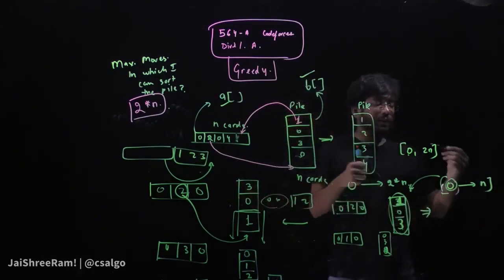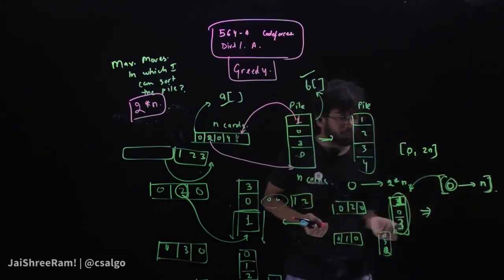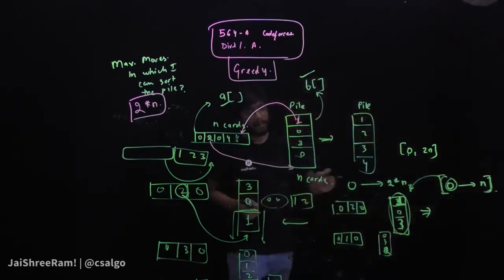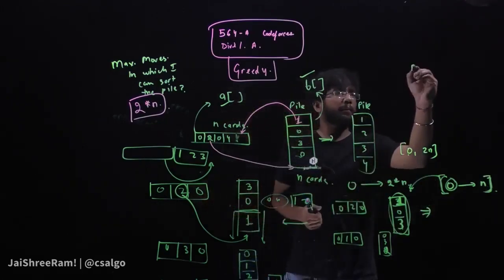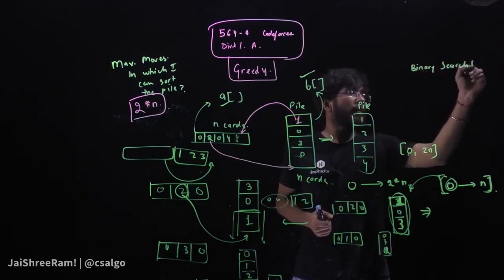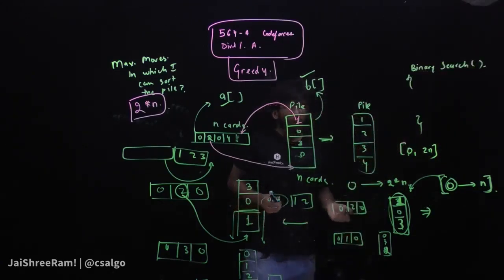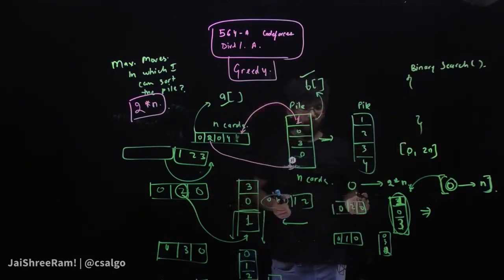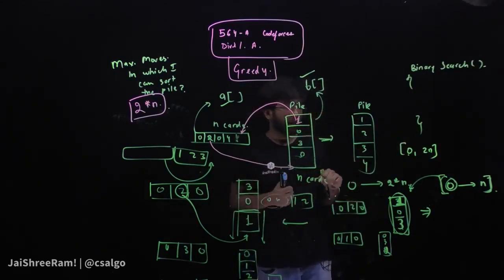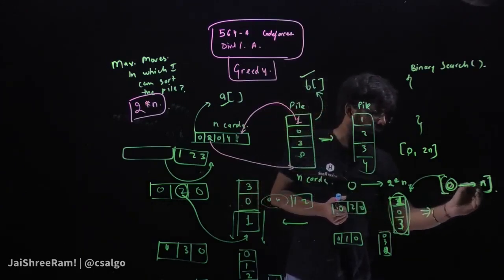So once I have done this, now the solution to this problem is very simple. For each binary search, I'll be working as follows. Yeah. So now the problem is reduced to 0 to n.